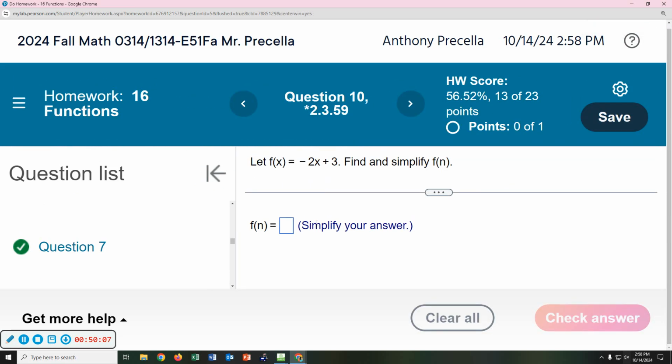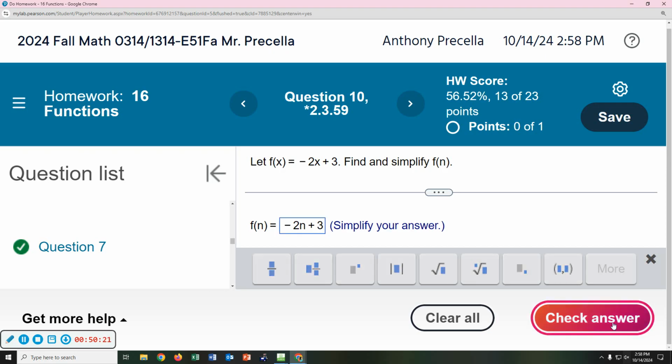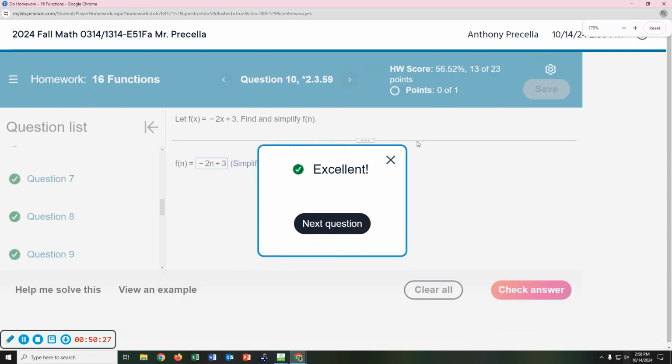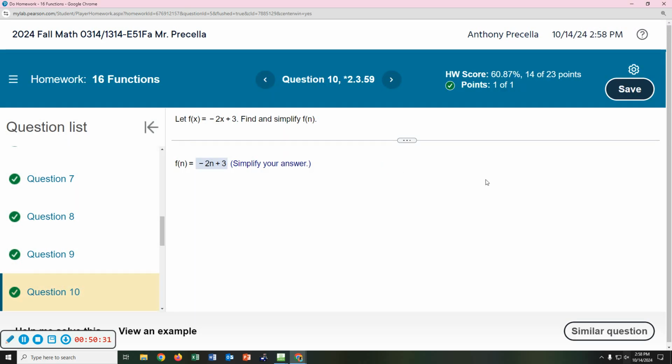Okay, that says go to your function f, and wherever you see a variable, replace it with n, the letter n like Nancy, so that's negative 2n plus 3. Any questions there?